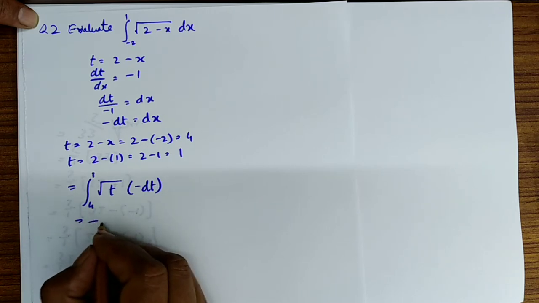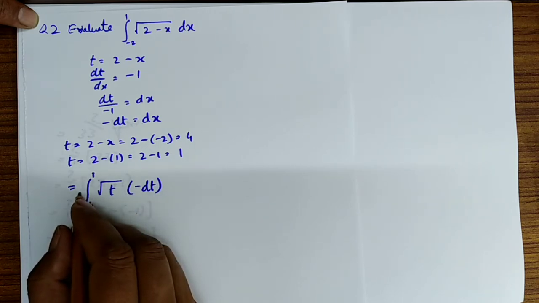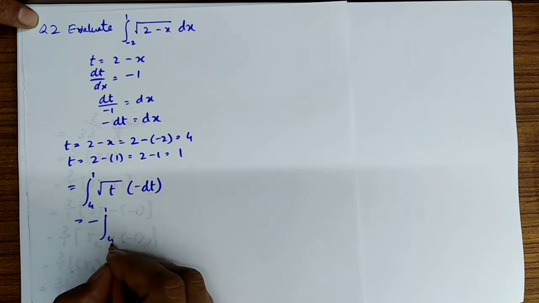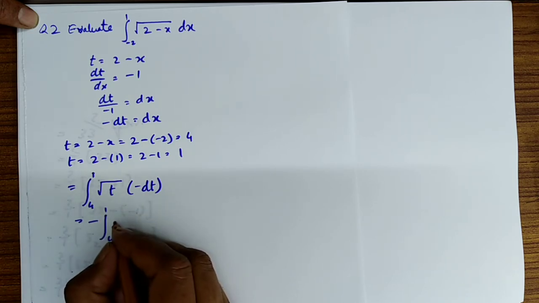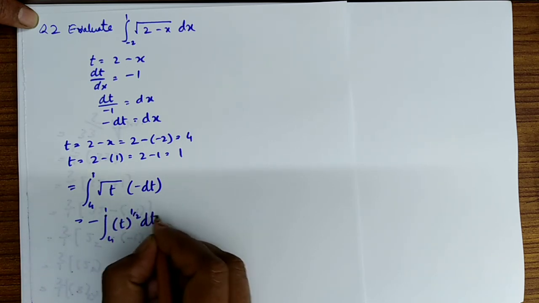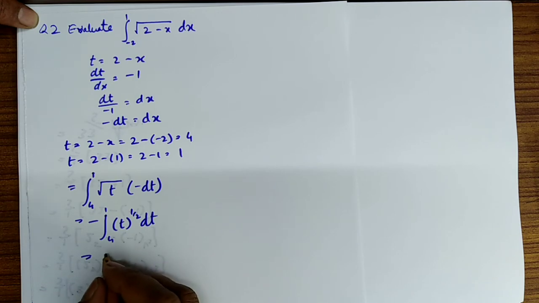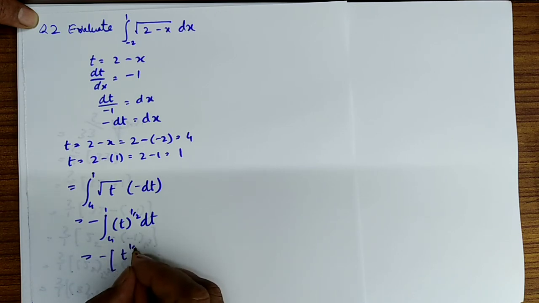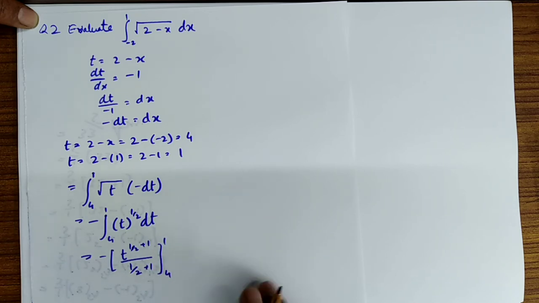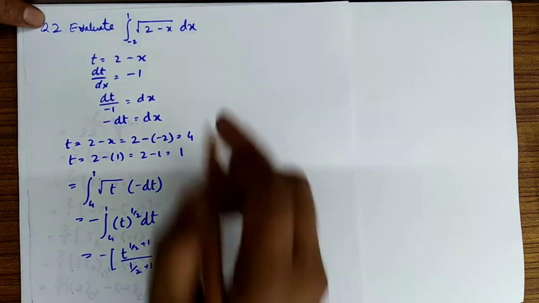That will give me minus, take this minus 1 outside this integral sign and convert this root value in the form of 1 upon 2, and dt. Now finding the integral, that gives me 1 upon 2 plus 1, 1 upon 2 plus 1, 1, 4.